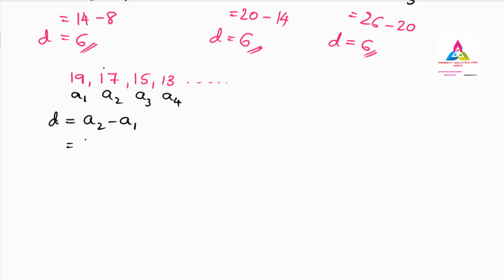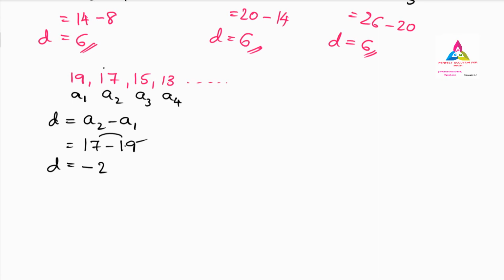That is 17, minus A1 which is 19. So here 17 minus 19, the 19 is the largest number, so the sign is minus only. So we subtract 19 from 17, that is 2. So minus 2 is the common difference.